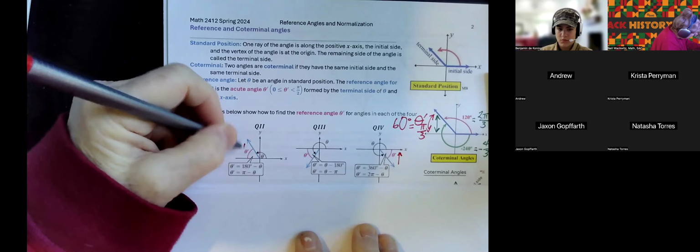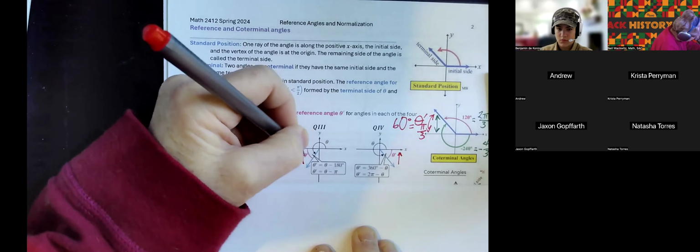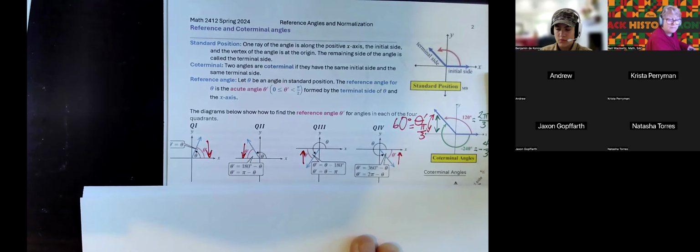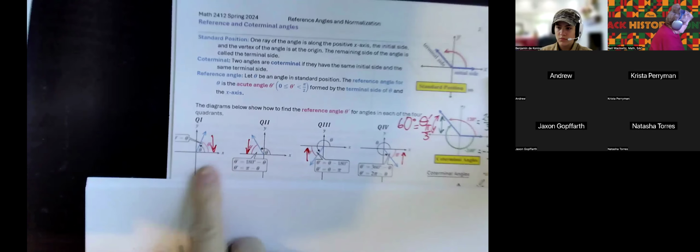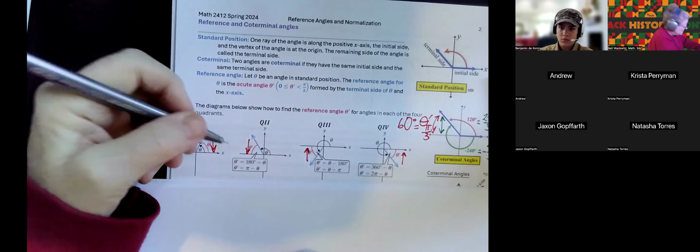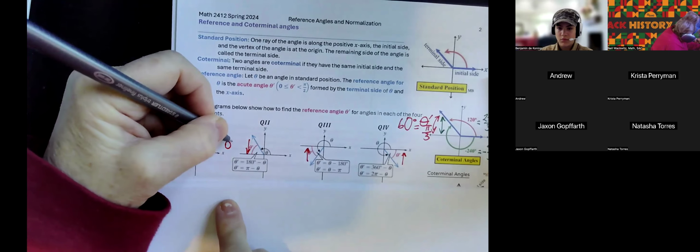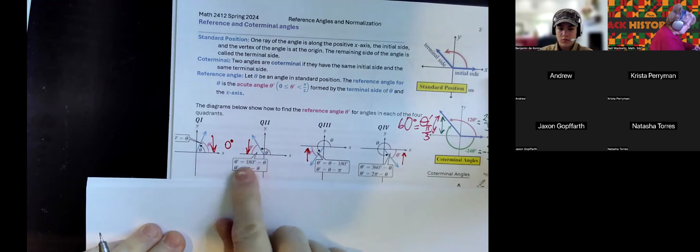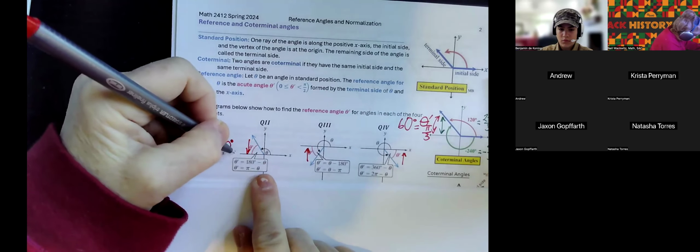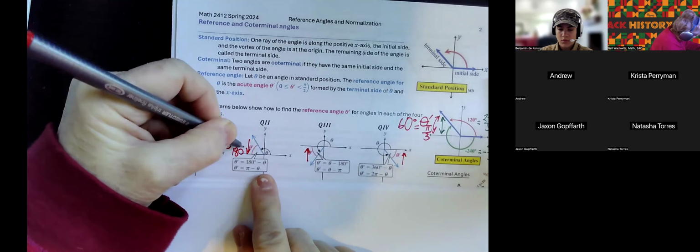But it's easiest to see that we're always going to the closest x-axis. In quadrant 1, the x-axis is 0 degrees. In quadrant 2, the x-axis is 180 degrees.